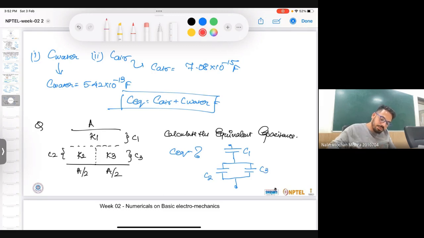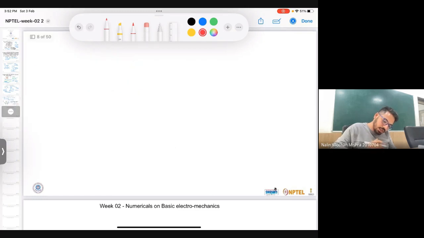And we know that this equivalent is basically C2 plus C3, and this is C1 only. So we can redraw it like this, where it will be C1 and C equivalent.